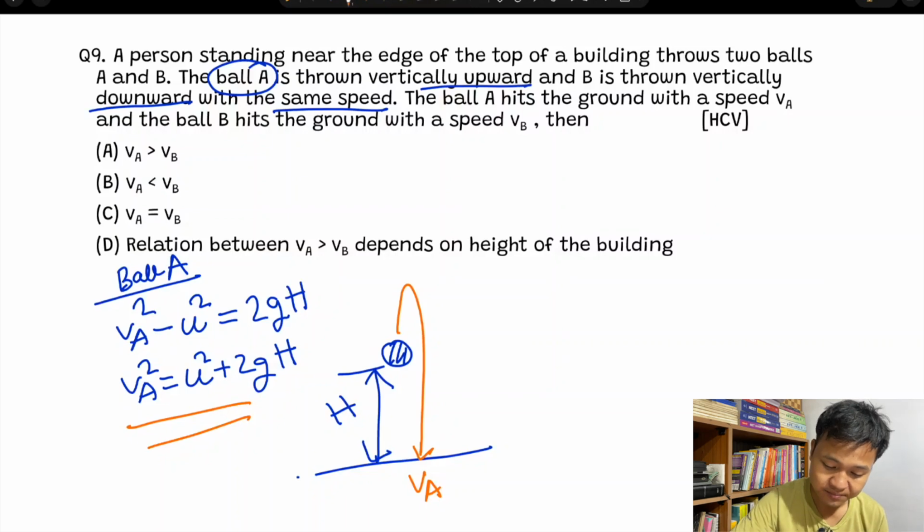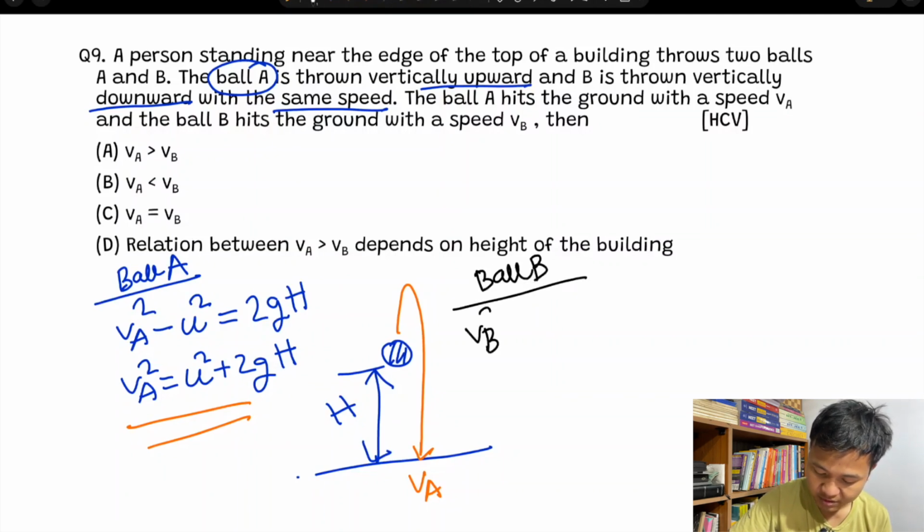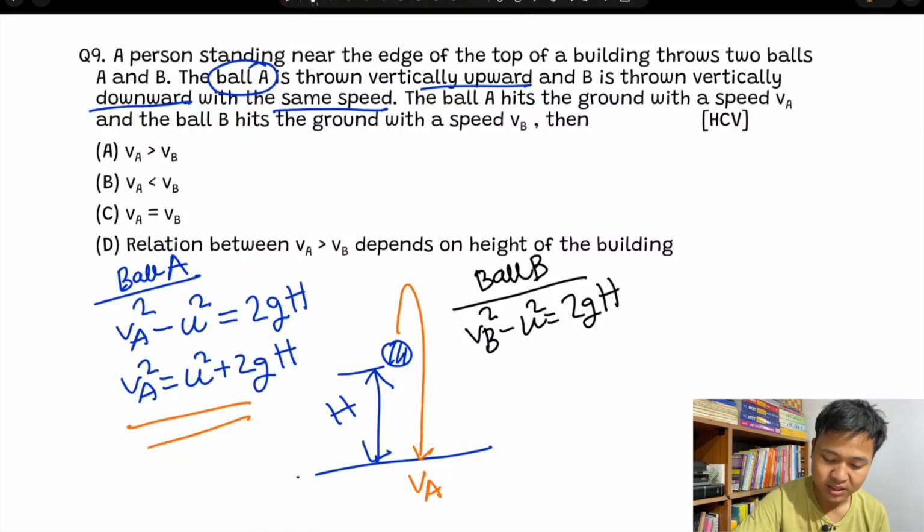For the second ball, ball B: VB square minus u square equals twice g into h. Even when you throw it downwards, the displacement is still minus h.